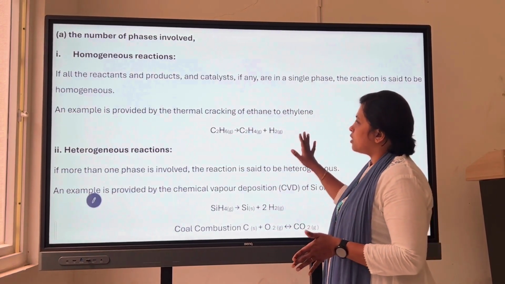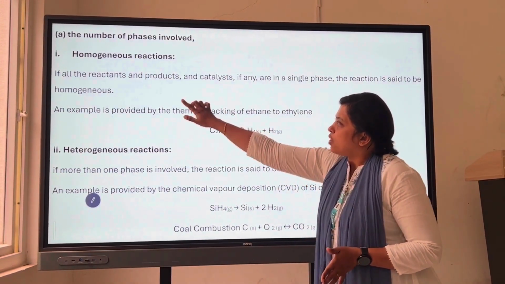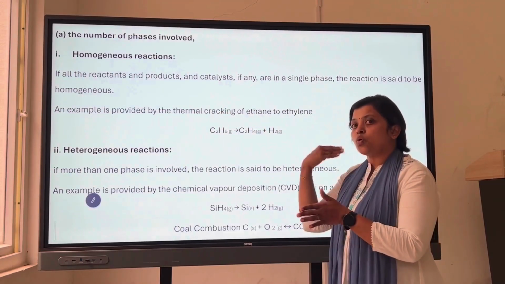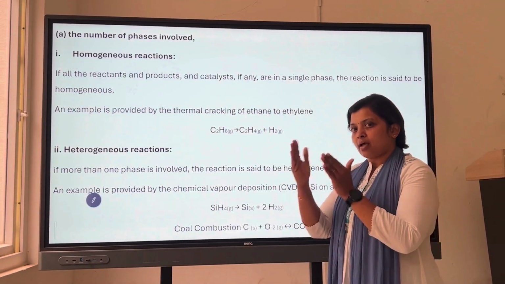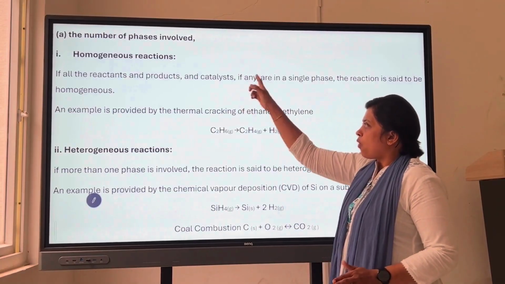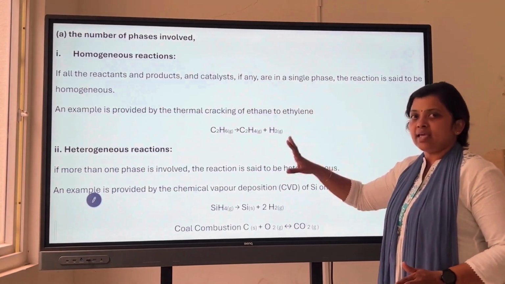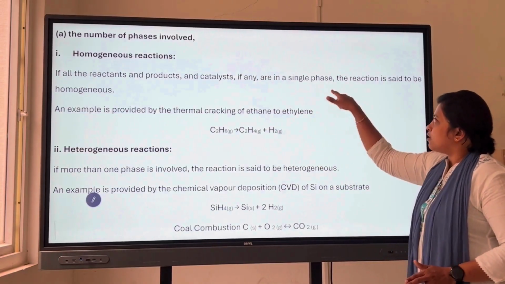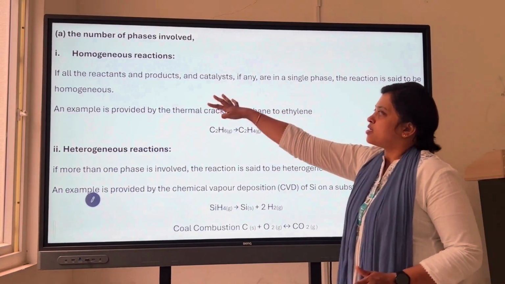If all the reactants and products, even combined with catalysts, all the materials lie in the same single phase, that reaction is called homogeneous.